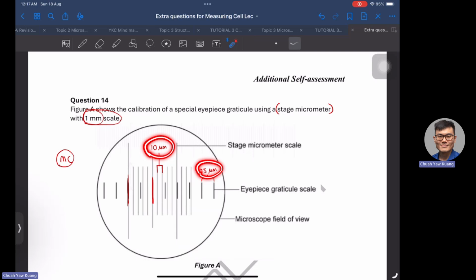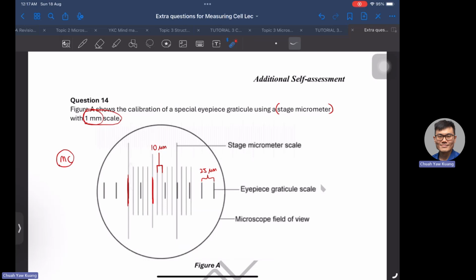But obviously this question is a bit special. The eyepiece reticule that they use is also quite special. You can see that 1 pitch on the eyepiece reticule is quite huge, which is 25 micrometer, way larger than the pitch on the stage micrometer. That's why in this question it is stating that this eyepiece reticule is special.